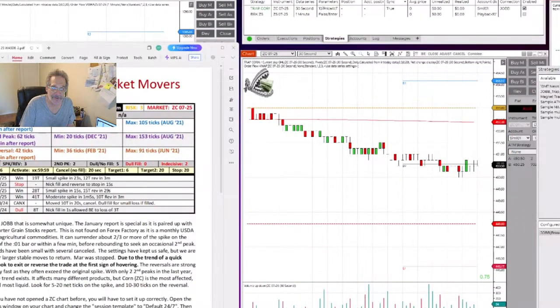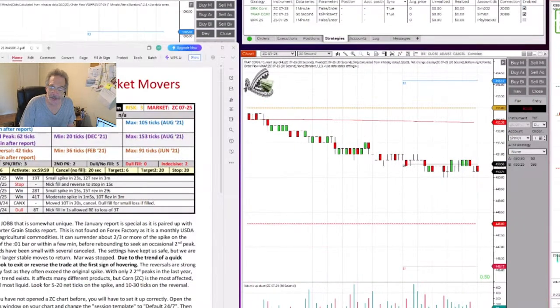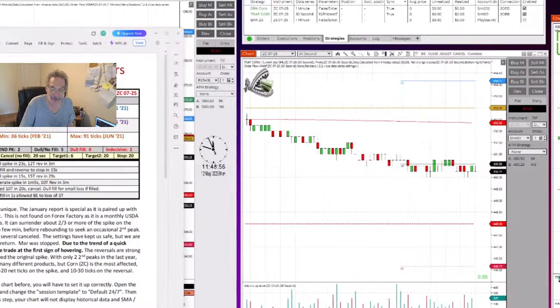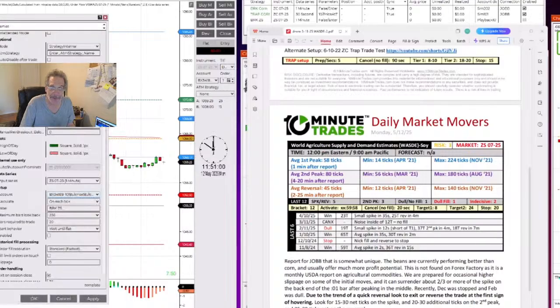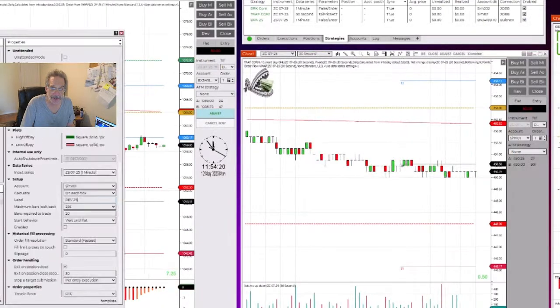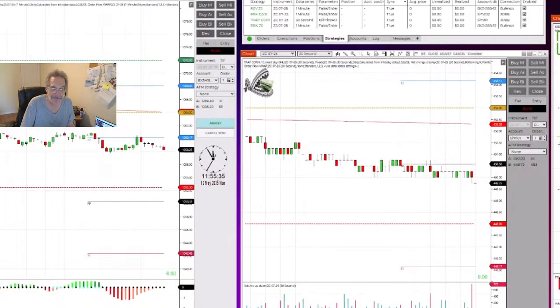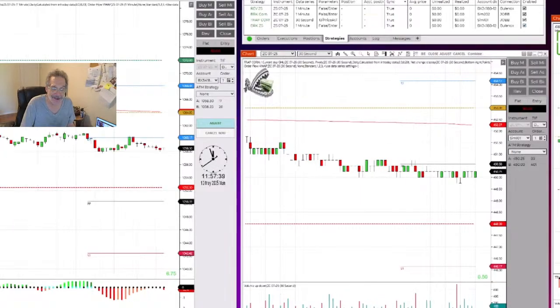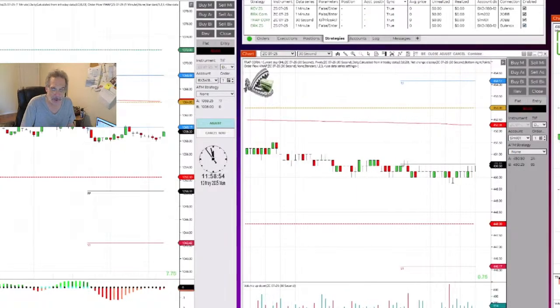Now, we have noticed that corn is definitely waking up from a couple of years' slumber. Corn used to be the main instrument we used to trade on WASDE. And it started waking up on the quarterly grain report.